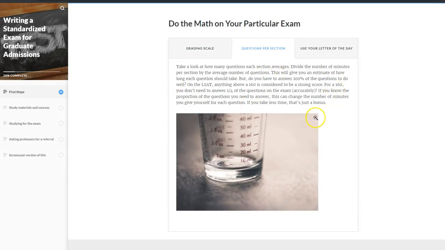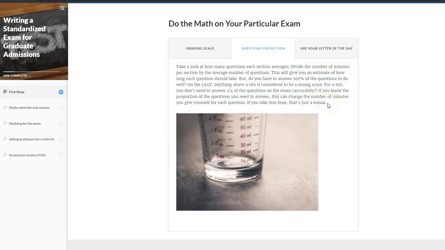You'll want to look at the number of questions, okay? This passage here really just says accuracy is more important than completion, right? You can leave a quarter of the questions blank on the LSAT as long as all the other ones you answer accurately, okay, to still get a good score.